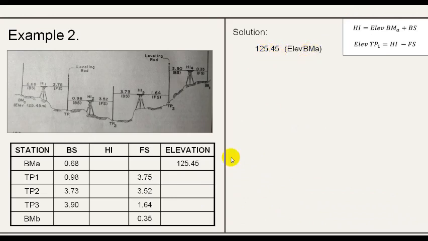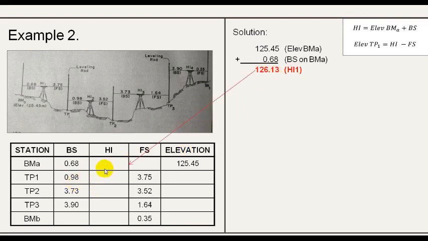So, elevation of BMA, 125.45, then plus atong backside reading sa BMA na 0.68. So, mao na itong height of instrument equals to 126.13.